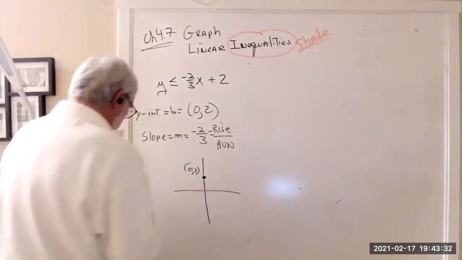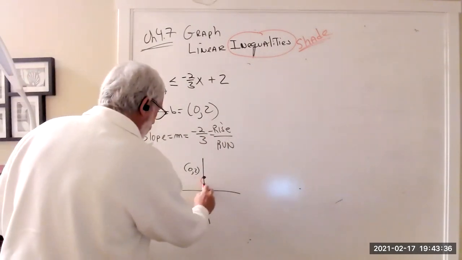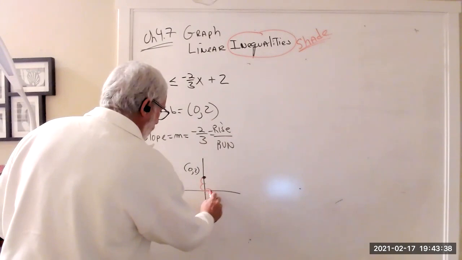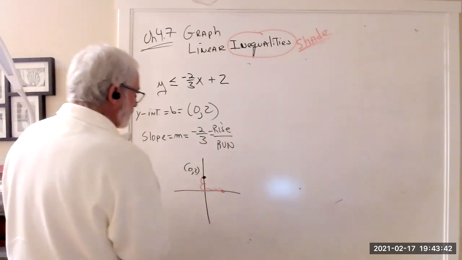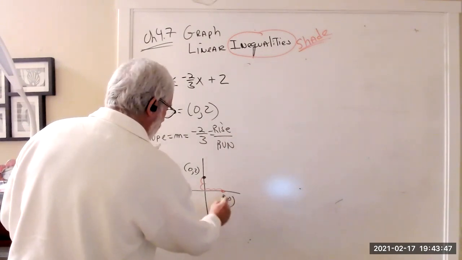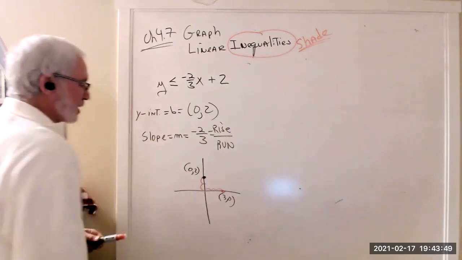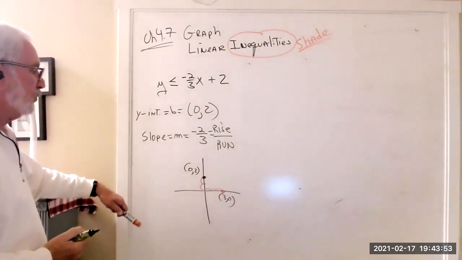So I'm going to go down 2, 1, 2, run 3, 1, 2, 3. Turns out that happens to be 3,0. Nice problem.